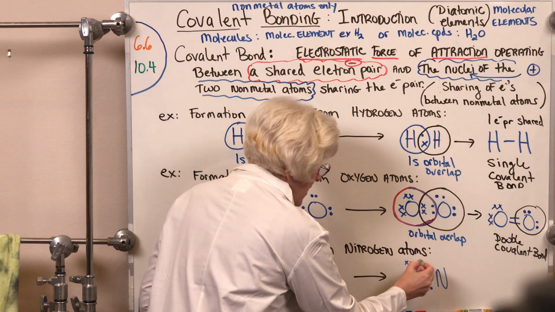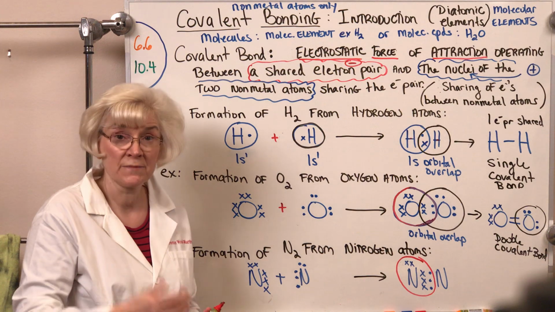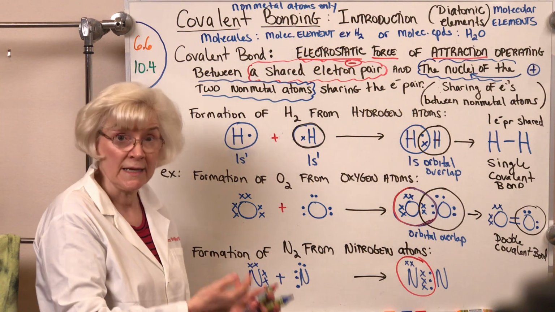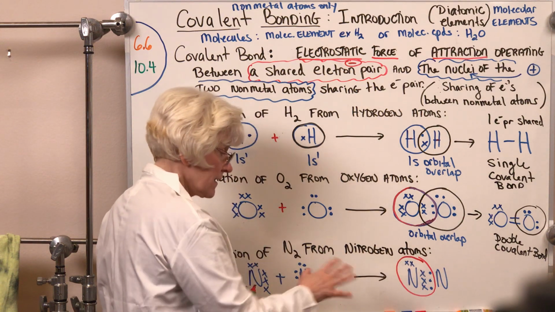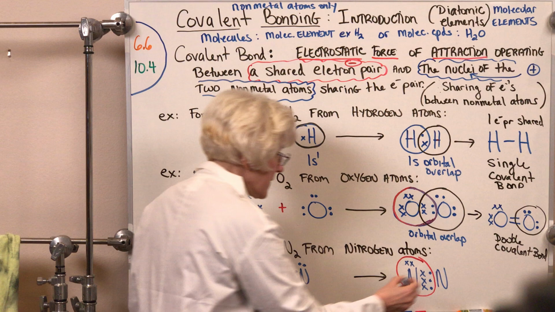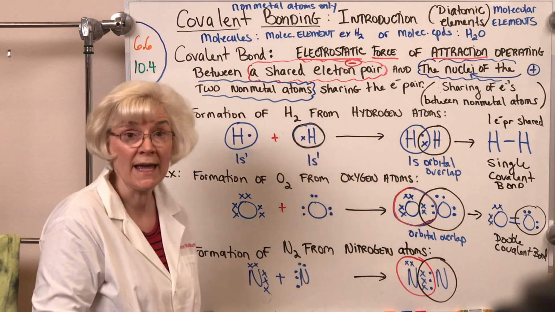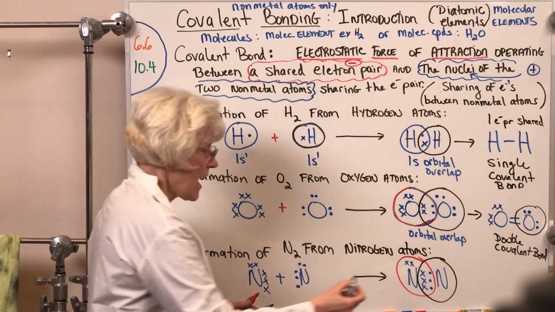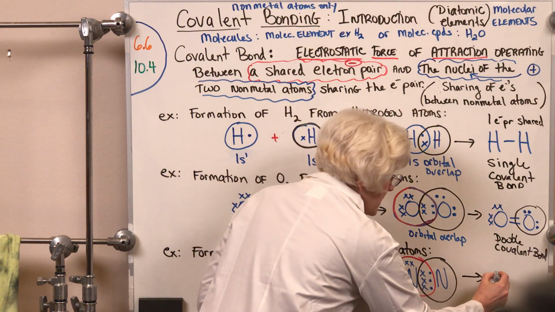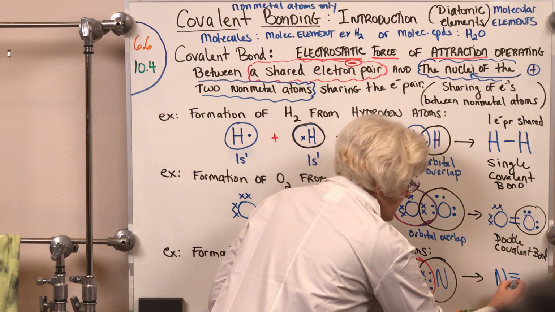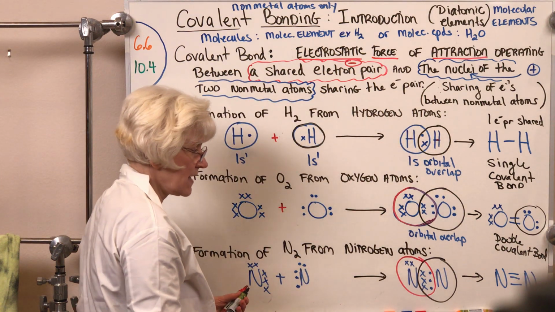So looking at our drawing, a circle around the first nitrogen atom to see how many electrons are there. Is it an octet? We see that yes it is, 2, 4, 6, 8 electrons around the first nitrogen atom, and the second nitrogen atom also has 8 electrons in its circle, and we can simplify this and draw diatomic nitrogen showing a triple covalent bond holding the 2 nitrogen atoms together.